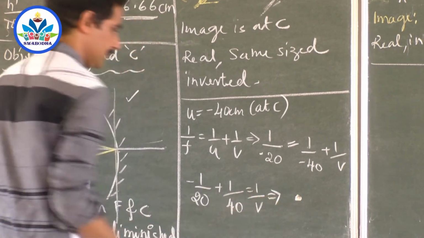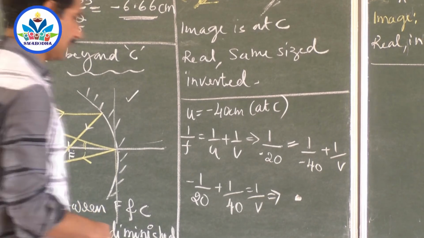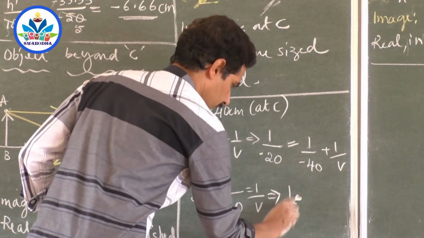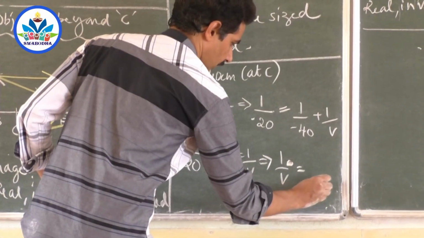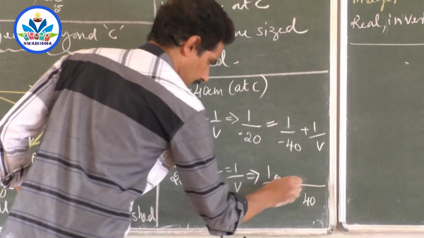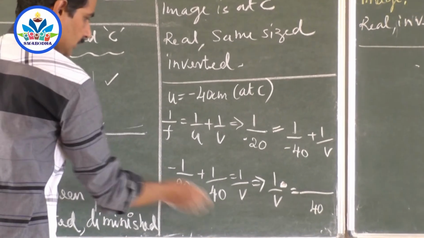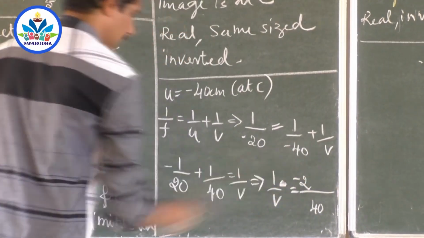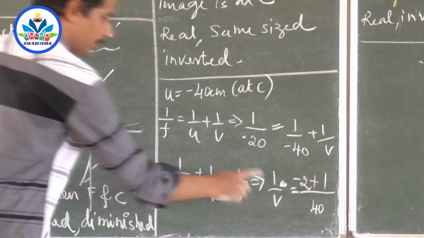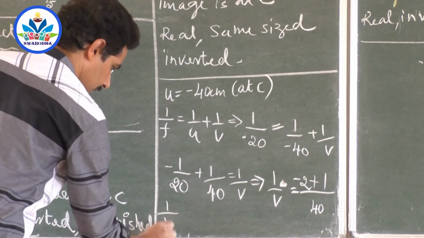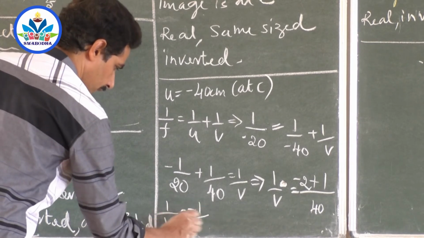That implies 40 can be taken as common denominator. 1 by V equals, 40 can be taken as common denominator, 2 times minus 2 and 1 times plus 1. 1 by V is minus 1 by 40.